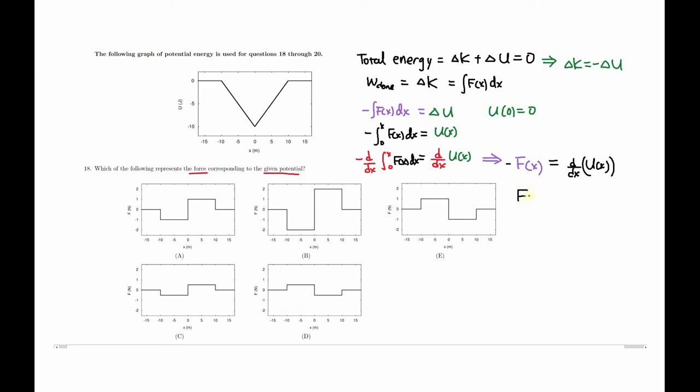Therefore, we can just write it as f of x equals negative d over dx of U of x. So we have the derivative.